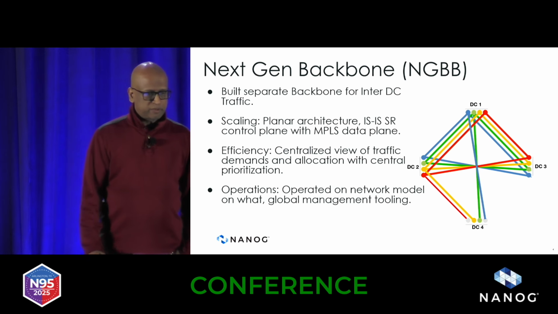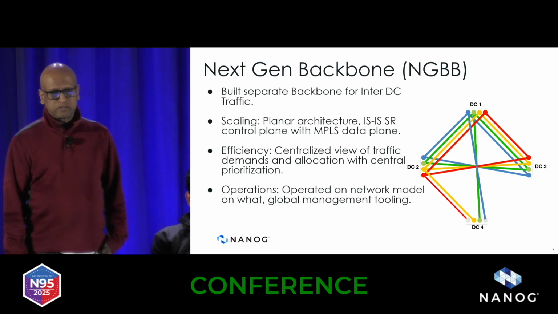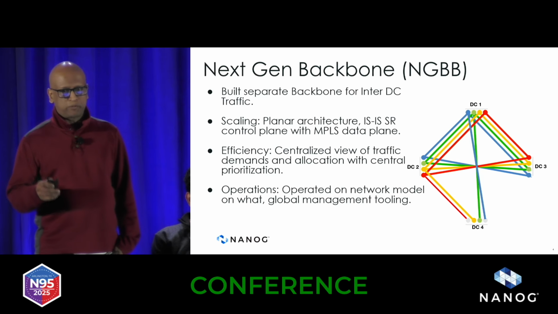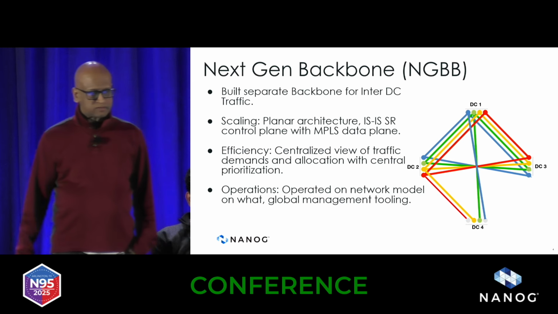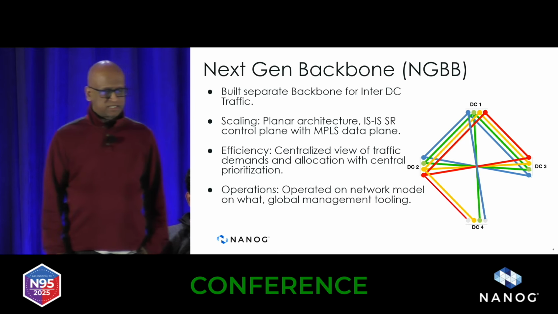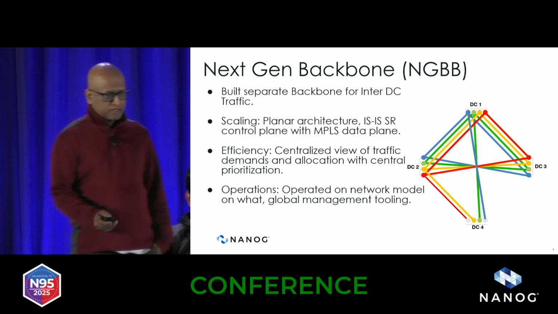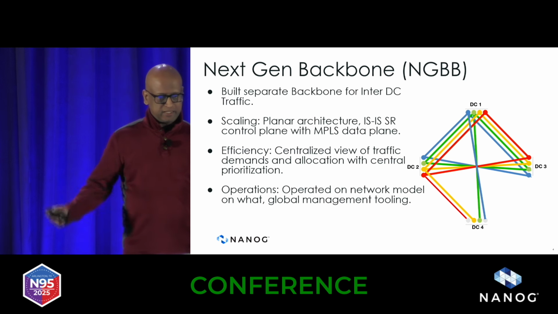What we did was separate the inter-DC backbone and the internet backbone. The internet backbone was dedicated to traffic from edge to POP and POP to DC, and the inter-DC backbone carried traffic between the DCs. We went with a planar architecture with IS-IS SR in the control plane and MPLS in the data plane. The planar architecture allowed us to scale horizontally; we can add more planes if we want to increase capacity.